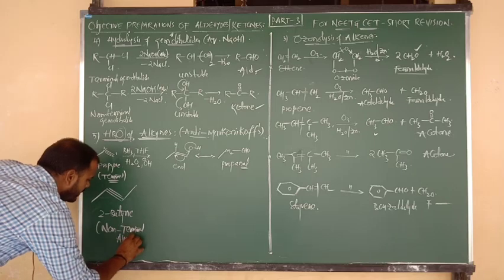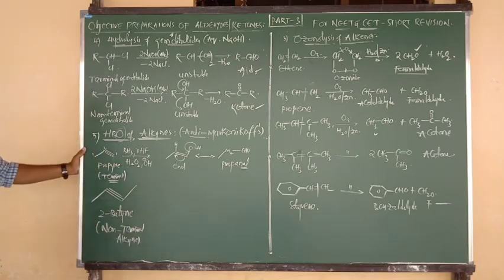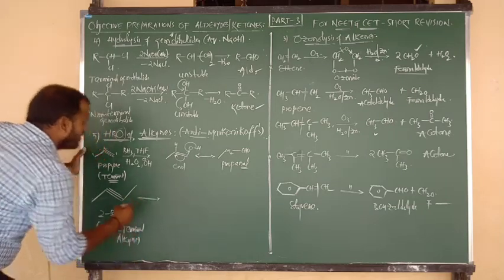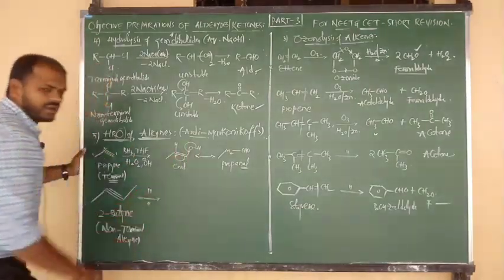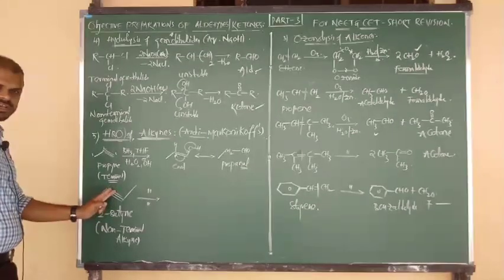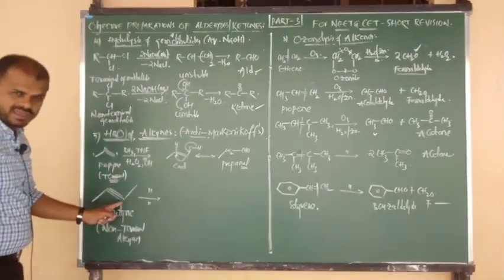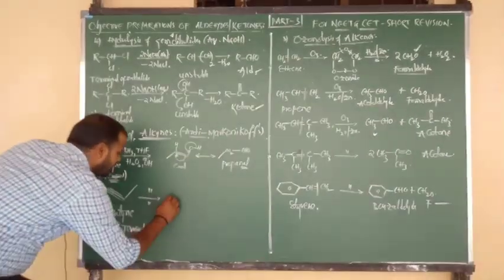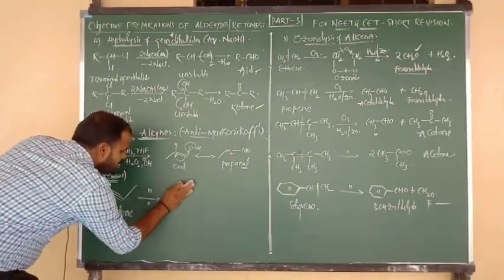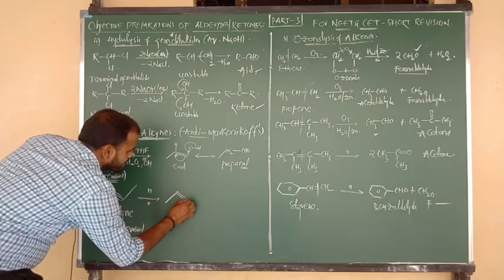Such a non-terminal alkyne, upon hydroboration oxidation, we are going to get the enol form. Due to the symmetric nature, one carbon is attacked by H, and one more is attacked by OH minus. We can add in any way because of symmetry. And the triple bond becomes what, beta? Double bond.